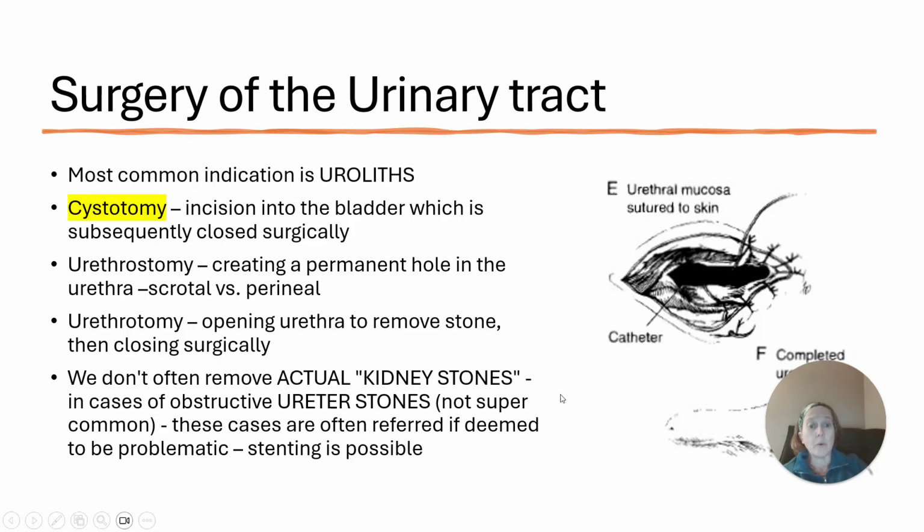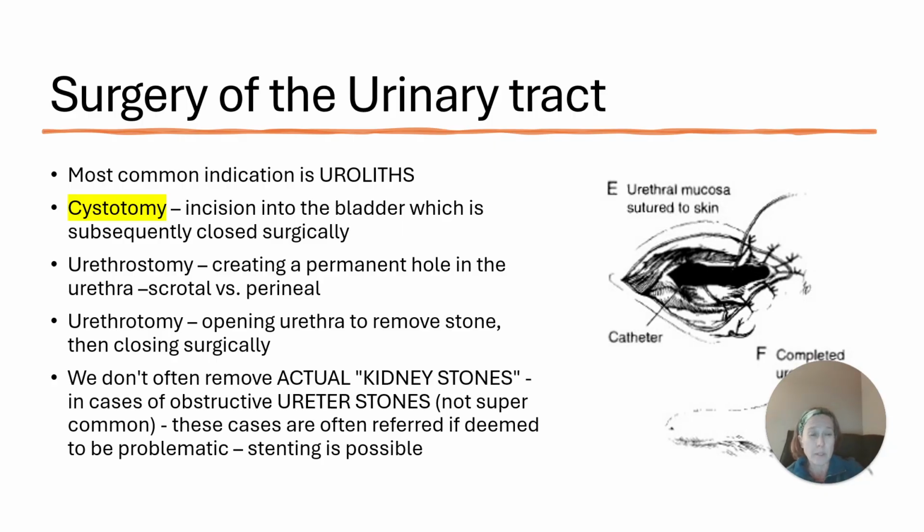So what do we do in terms of surgery of the urinary tract? Obviously, uroliths are the most common reason we are doing any surgery on the urinary tract. Number one, we can do a cystotomy, so making an opening into the bladder, which is then closed surgically. Number two is we can do a urethrostomy, or an incision made into the urethra itself, where we create a permanent or temporary hole in the urethra.